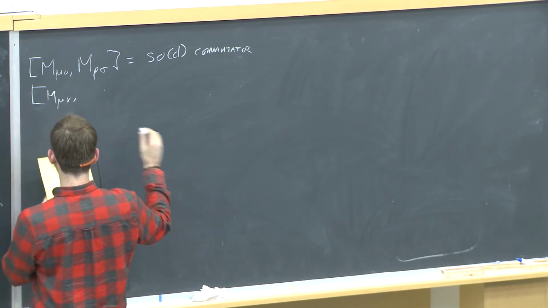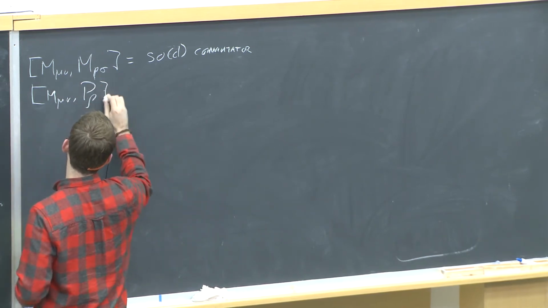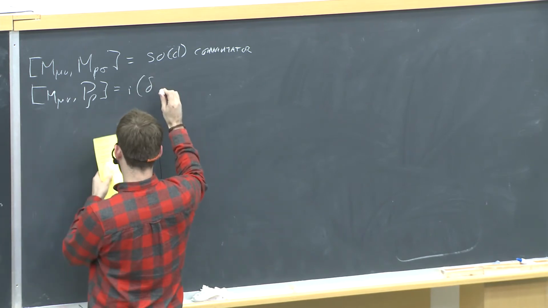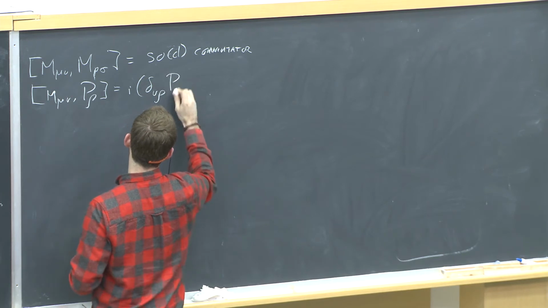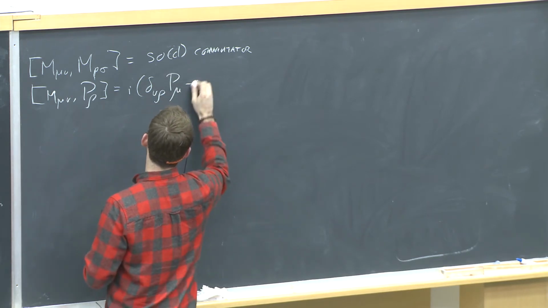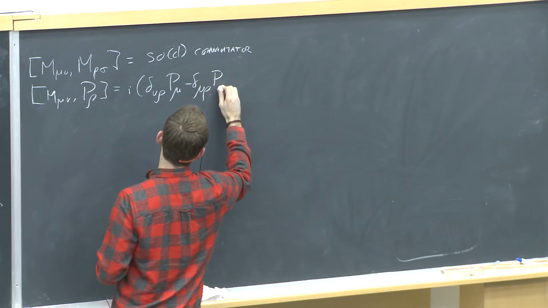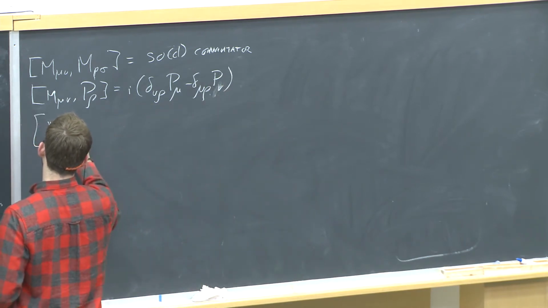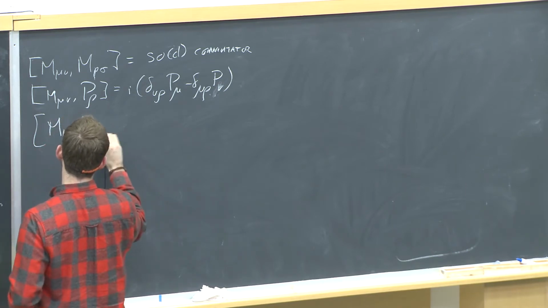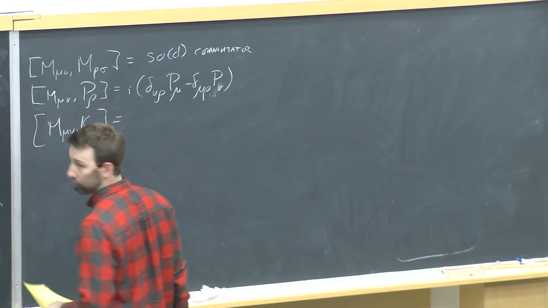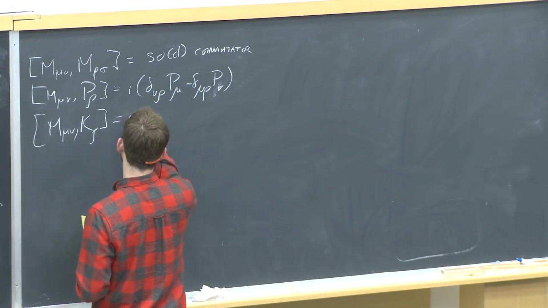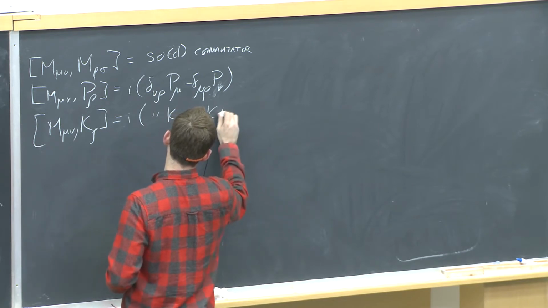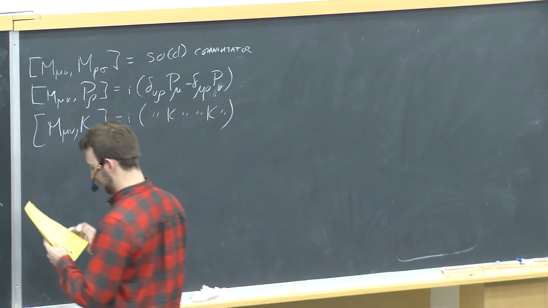M mu nu acts as a rotation on momentum: delta nu rho P mu minus delta mu rho P nu. It also acts as a rotation on the vector of special conformal charges. It's the same with P's changed with K's.